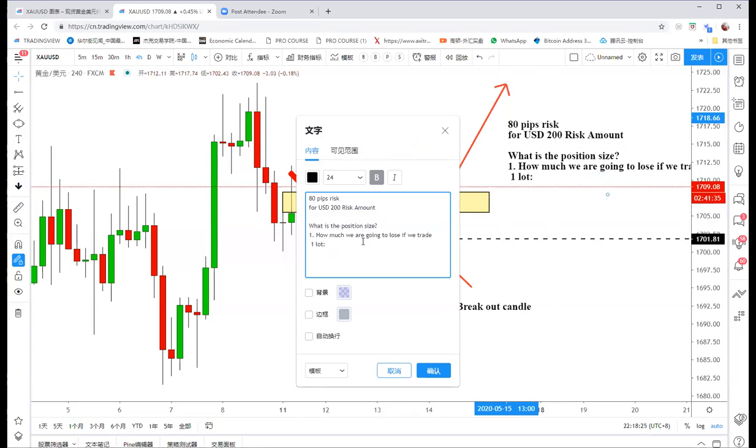One lot is 100 ounces, so 100 times $8, which is 80 pips, equals $800. And we only have $200 to lose. Therefore, we can trade 200 divided by 800, which is 0.25 lots. Simple.